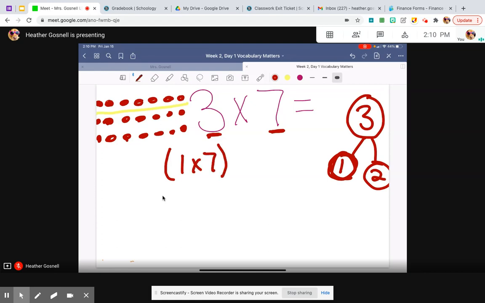I can only split one factor. I cannot touch my 7. My 7 is going to come down here. It's going to be the same. I used my 1. Now I'm going to use my 2. 2 rows of 7. 1 times 7 is 7, plus 2 times 7 is 14. 7 plus 14 is 21.